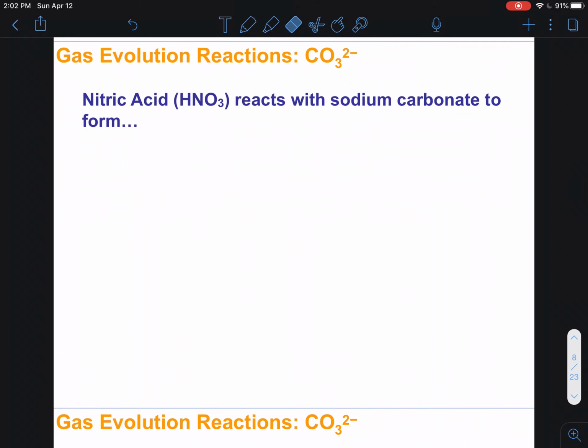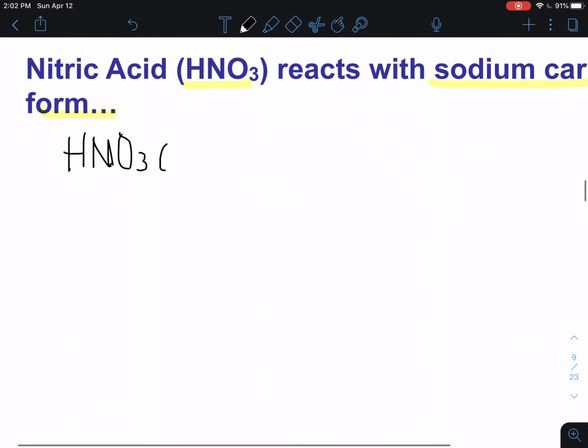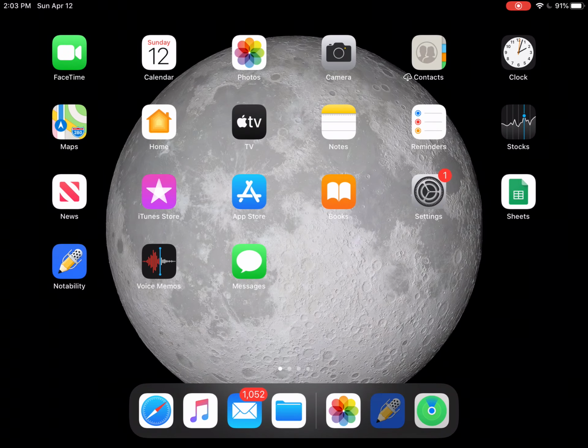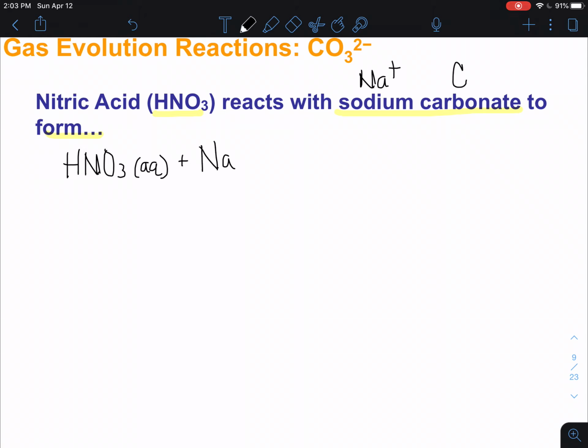Nitric acid, and I gave you what it was because we didn't go through amine acids, reacts with sodium carbonate to form what? So we'll say HNO3 reacts with sodium carbonate. Sodium is always an Na plus, and carbonate is a CO3 2 minus.